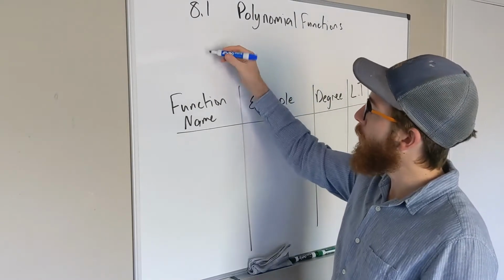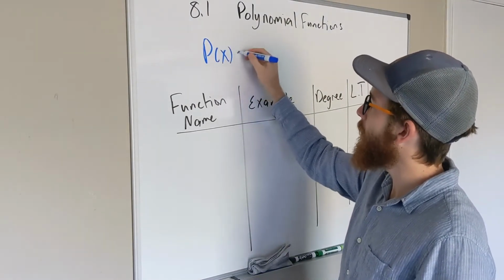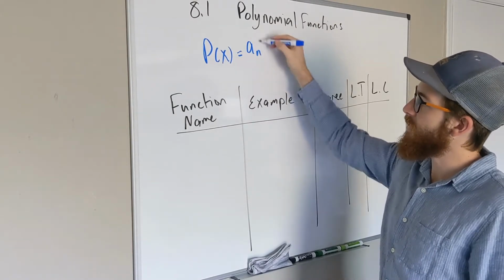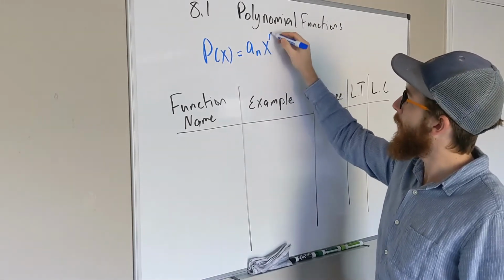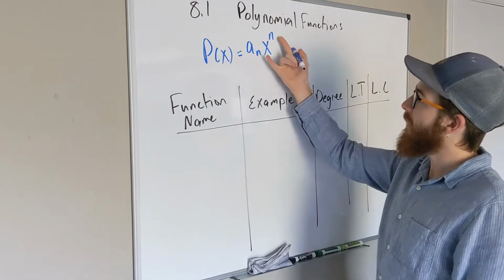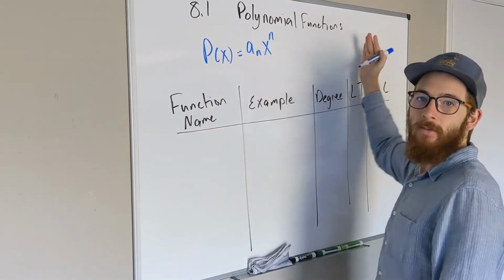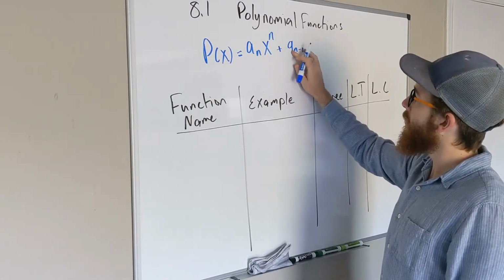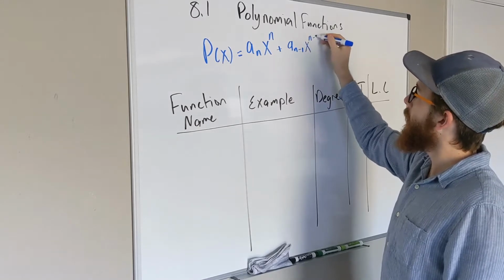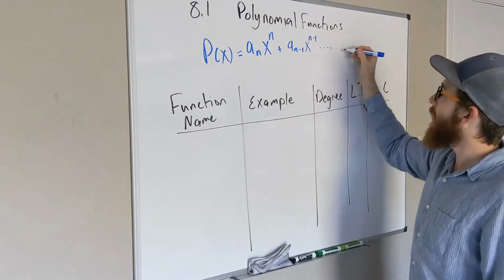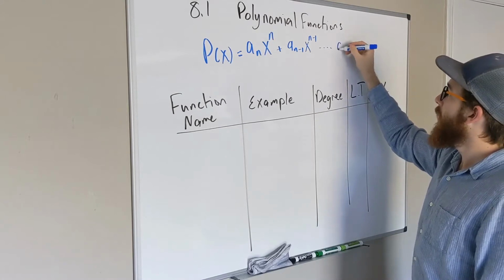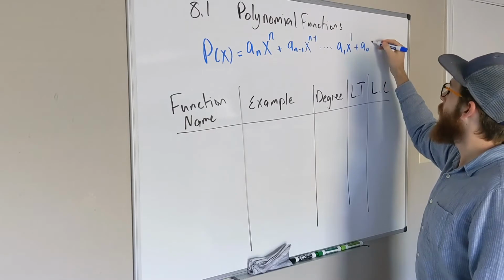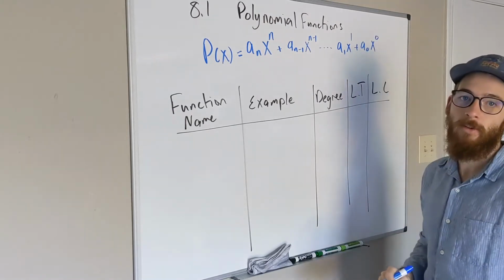A polynomial function, say p of x, is some coefficient a_n, this is just a placeholder, times x to the power of n, and n represents the position, plus a_(n-1) times x to the power n minus 1, and so on, all the way down to a_1 x^1 plus a_0 x^0.